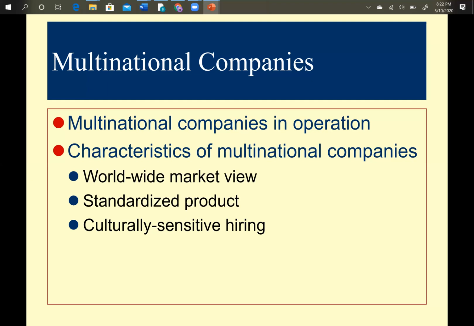And again, here we go, as far as cultural sensitivity, making sure that not only that you understand the culture, the religion, and the people and the language, but when it comes to hiring, also be sensitive to the culture when hiring in different parts of the world. Understanding that there will be a different perspective as far as the government and the region and part of the world that you're located.